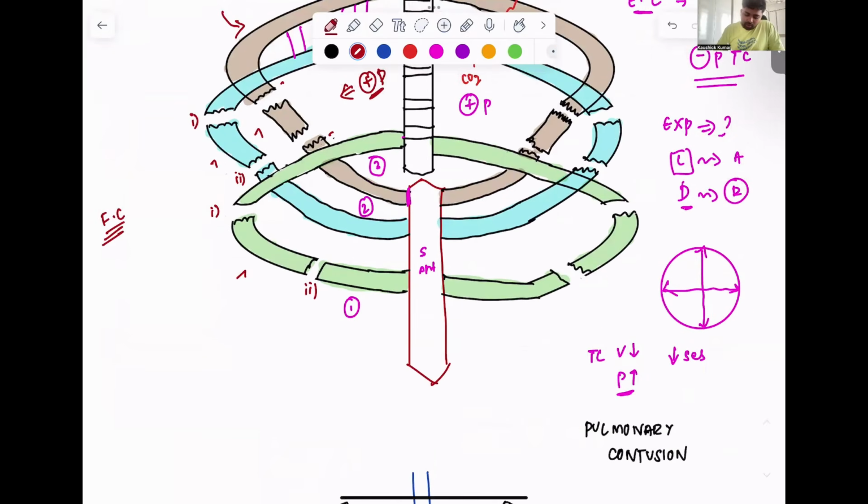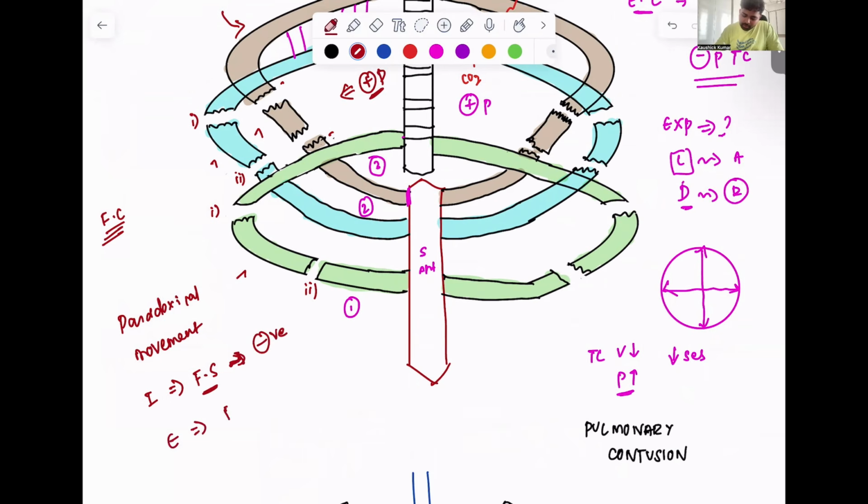So this is what is called paradoxical movement. During inspiration, this flail segment moves inwards because of the negative pressure. And during expiration, this flail segment moves outwards because of the positive pressure inside the thoracic cavity.